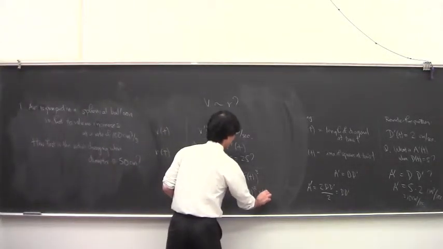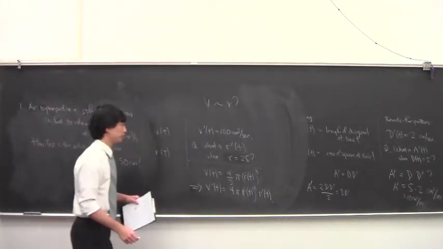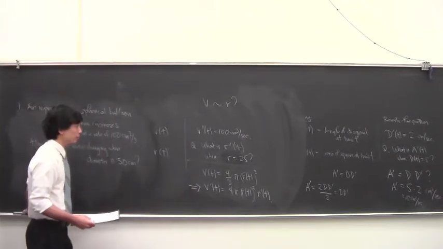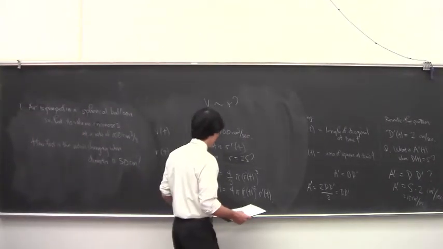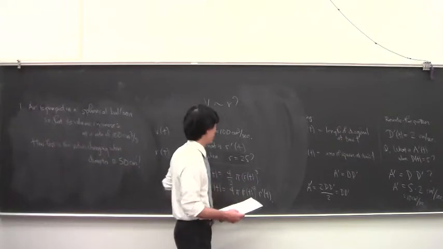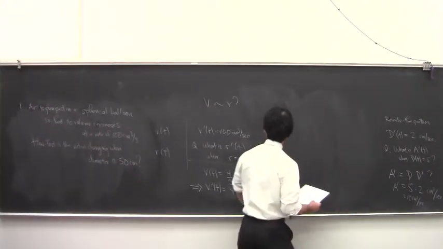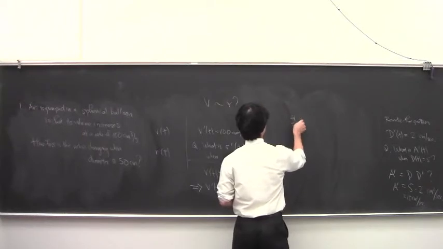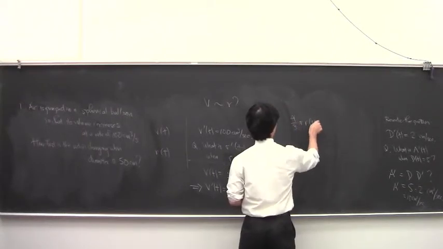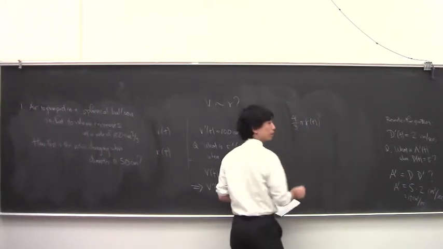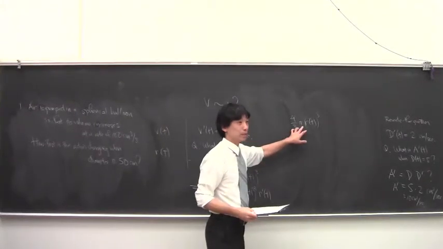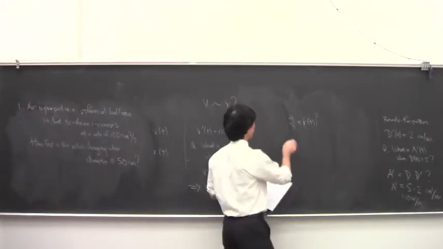Could you explain that? That is the chain rule, right? So you have 4/3 pi r cubed. 4/3 pi is just a constant, so that doesn't affect anything.